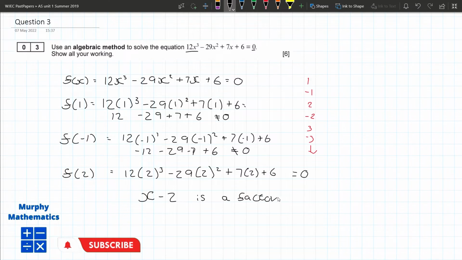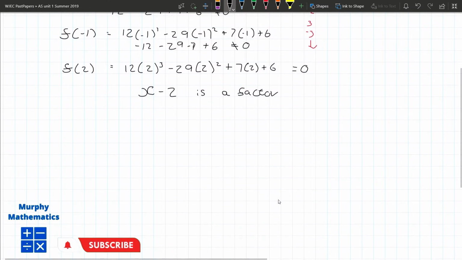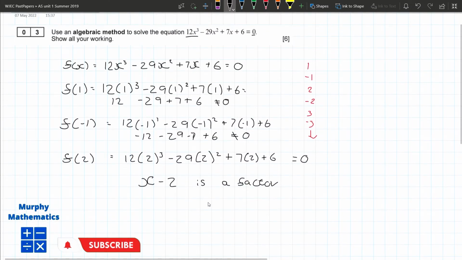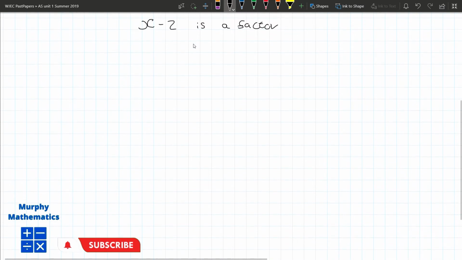So that's really important. Now what we're going to do is multiply x minus 2 by different terms, and then we'll try and get back to this 12x cubed minus 29x squared plus 7x plus 6. There's multiple ways to do this.